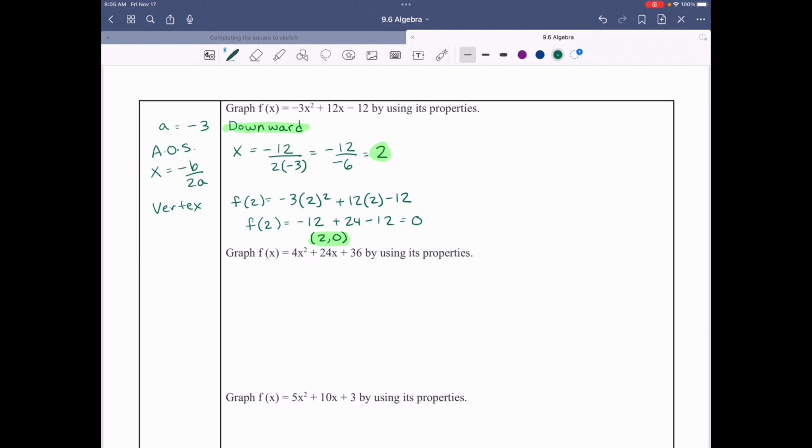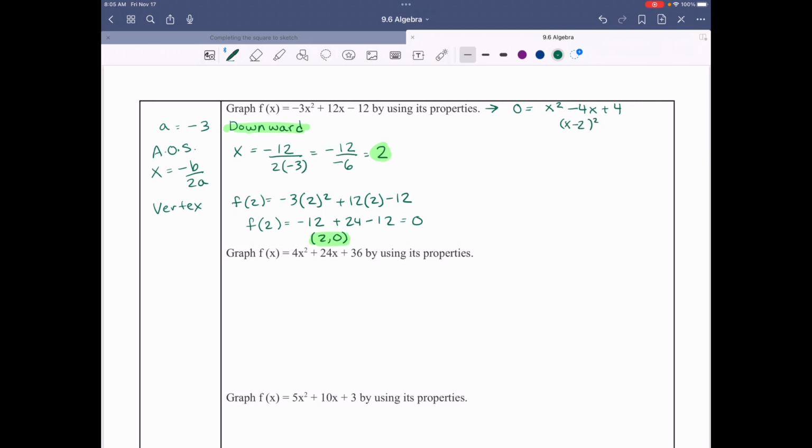This is factorable, so I'm going to rewrite this. If f of x is 0, I'm going to rewrite this by dividing everything by -3, so we end up with x squared minus 4x plus 4. If we divide each piece by -3, then this factors to be (x minus 2) squared.